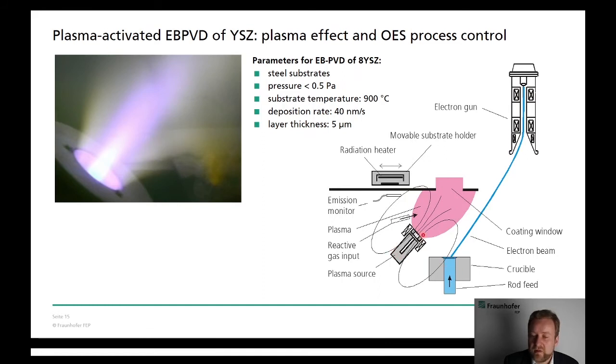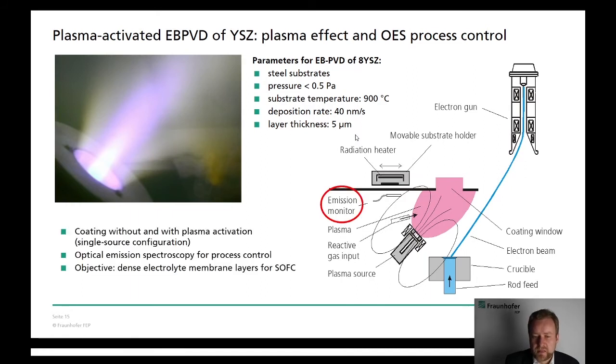We have the LVEB source, which activates the vapor in front of the substrate, and also the oxygen, which is the reactive gas in this case. The substrate is installed on a radiation heater in a holder, which can be moved over the coating window to be coated. This has been done at a pressure of half a Pascal, a substrate temperature of 900 degrees, and deposition rates of 40 nanometers per second have been reached.